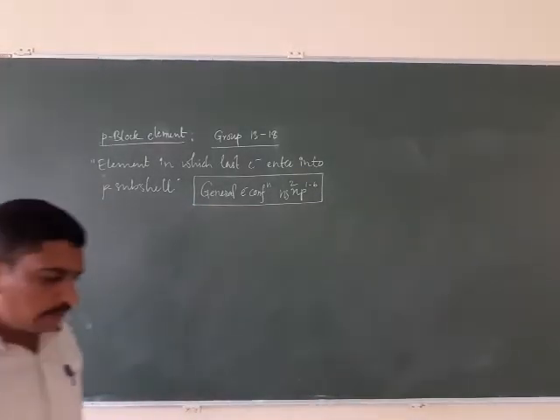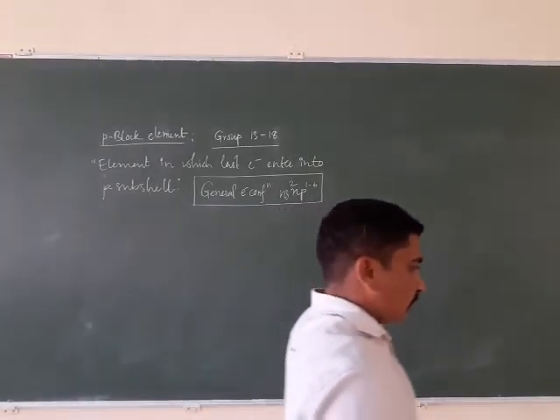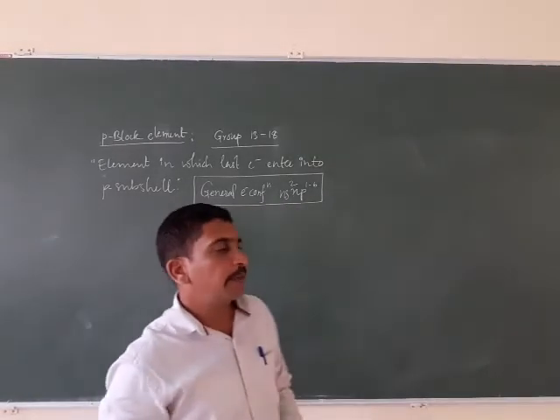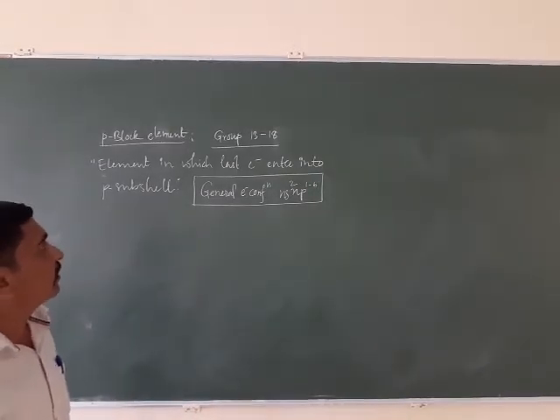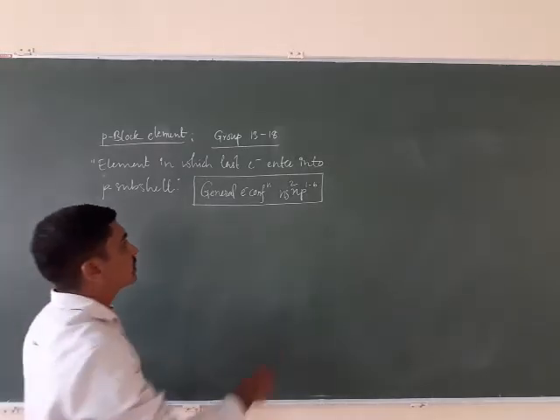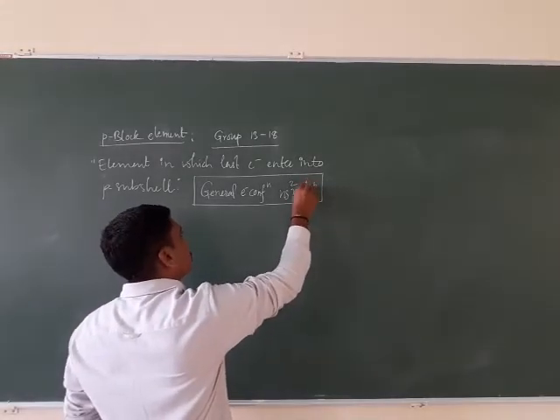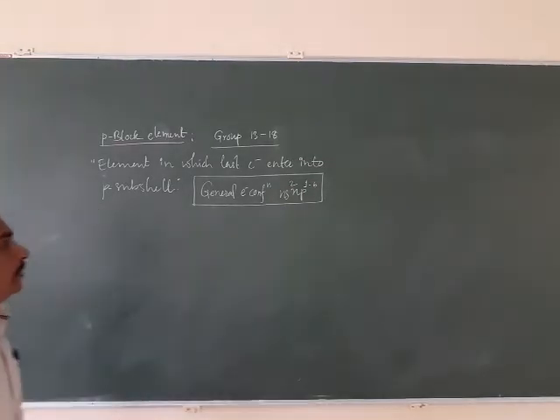So the elements from group 13, 14, 15, 16, 17 and 18 are collectively called P-block elements, and the electronic configuration is ns2 np1 to 6.